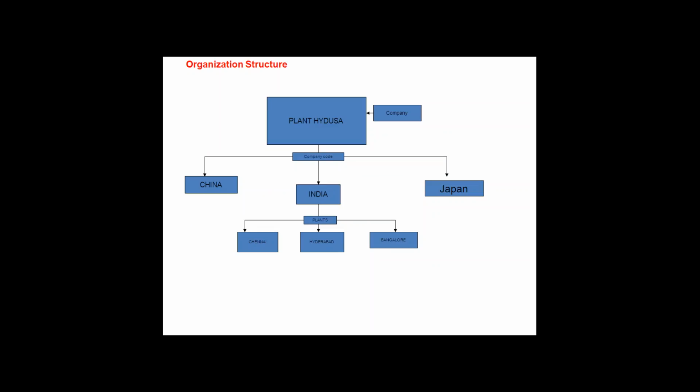So China can have a number of plants, Japan can have a number of plants. Now in SAP, we call China, India and Japan company codes. All these company codes are assigned to the main company, that is plant Hyderabad, USA. You can imagine your main head office is at USA so that you will have better control across the globe.